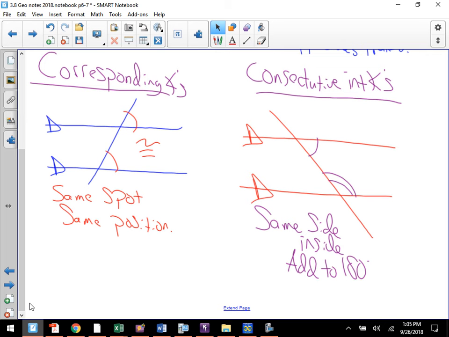The reason why those two guys are going to add up to 180 is because they don't match with the tick marks. If you go through and you look at two parallel lines cut by a transversal, and you mark up all your diagram, vertical, alternate interior, vertical.